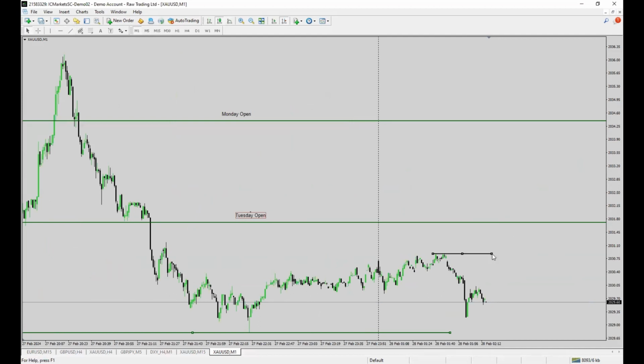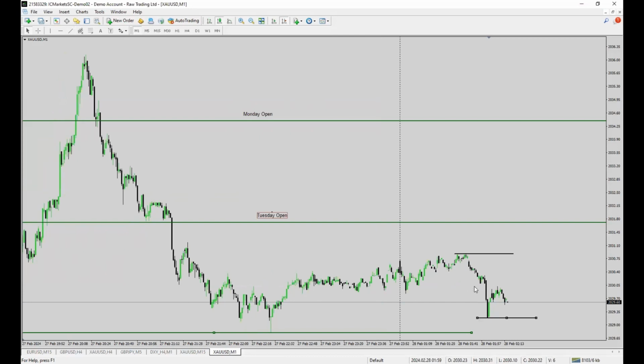Right here is the highest zone market price has gone to for current 28th of February. Right here says the current low. Current market price is at 20.60.